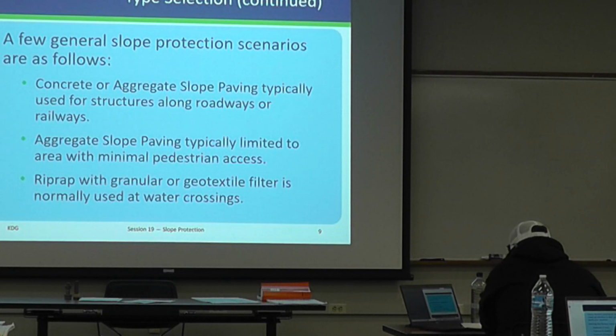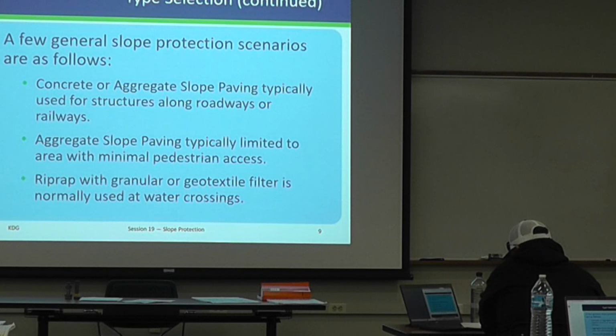So of the types, typically you're going to see the coarse aggregate and slope paving over adjacent to a railway or a roadway. You would not typically see it, and if you do see concrete slope paving or aggregate next to a stream or a river, ask the question. That's probably a mistake.